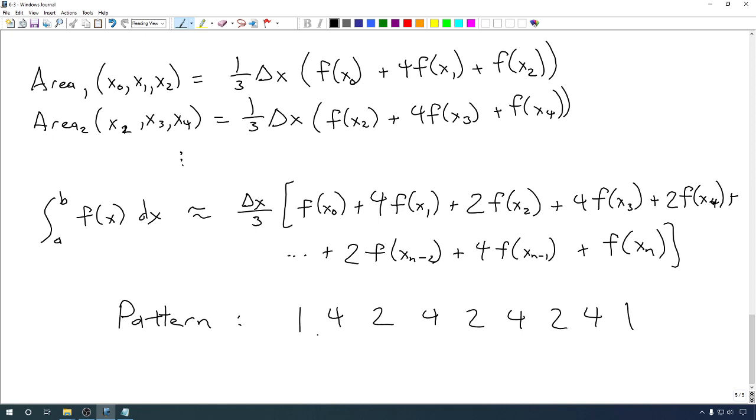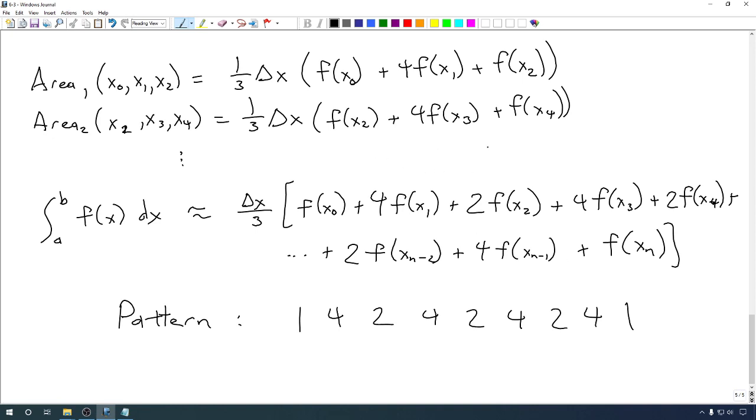Notice here that because we've chosen an even number of subintervals, this pattern will work. It doesn't actually work if we chose an odd number. Then we'd end up with a 2, 1 at the end, and technically it wouldn't even work with the parabolas. So it is very important that you choose an even number of subintervals, and you don't really have to think about what parabolas we're using here. It's just a matter of following the pattern.